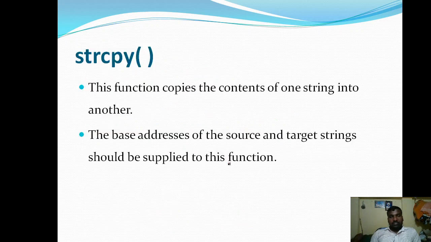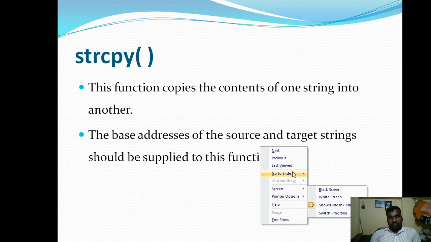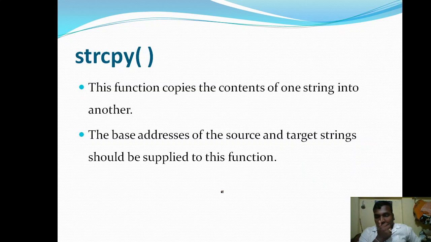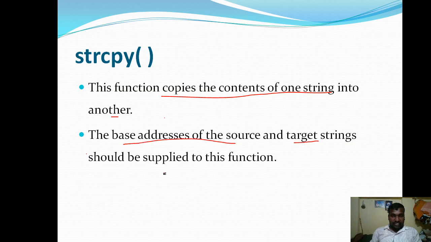Then next is the string copy function. This string copy function performs the copying operation from one string to another string. This function copies the content of one string into another. The base addresses of the source and the target strings should be supplied to this function.